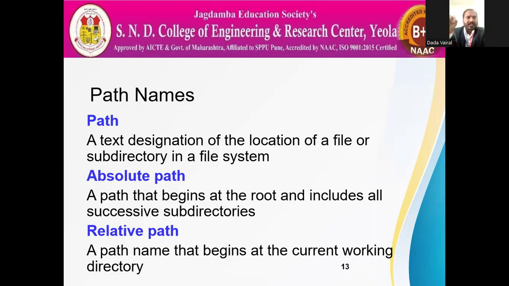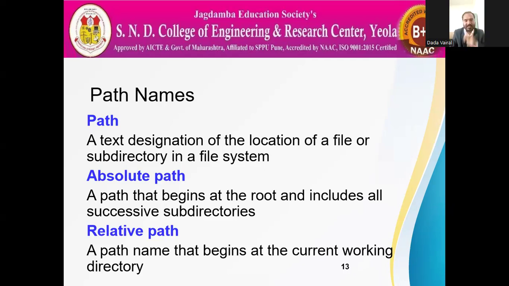Same way, a text designation of the location of a file or sub directory in a file system, that is path. Got it now? Means the location of that file is called a path. In short, a location of a file is a path.